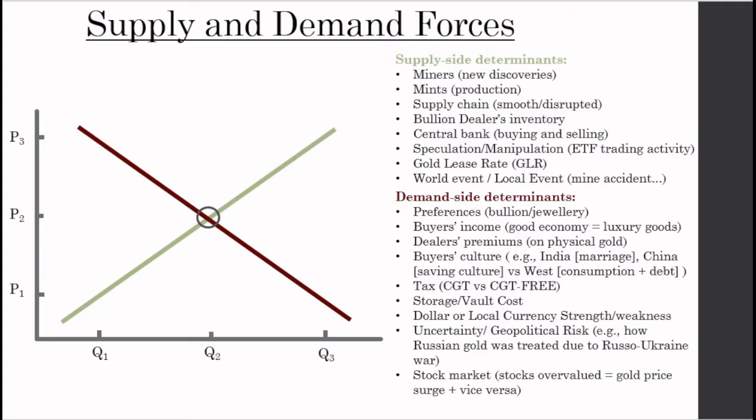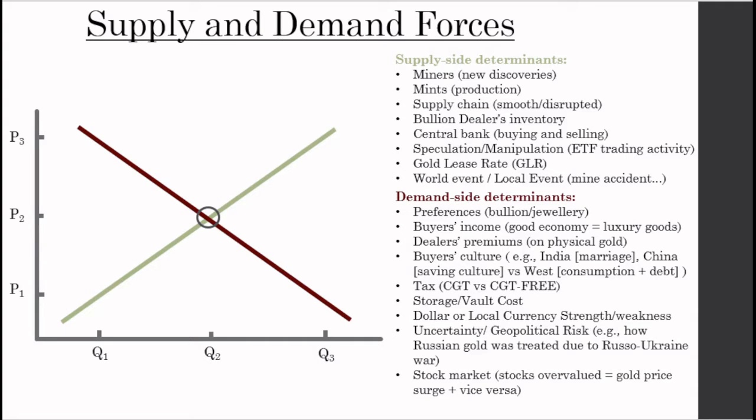So on this slide, I've got a supply and demand diagram and some supply side and demand side determinants. The reason I've got the supply and demand diagram here is because I wanted to talk about some fundamental economics related things before I get deep into the determinants. The important thing about this diagram is that it is simply a model that shows us how any market really works, in this case, the gold market.